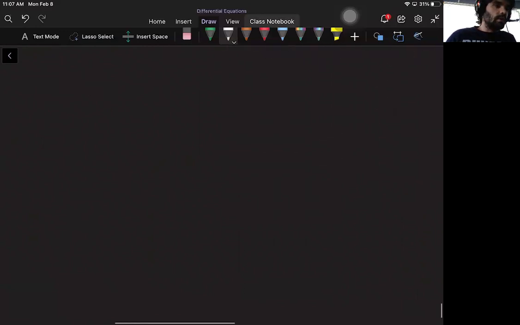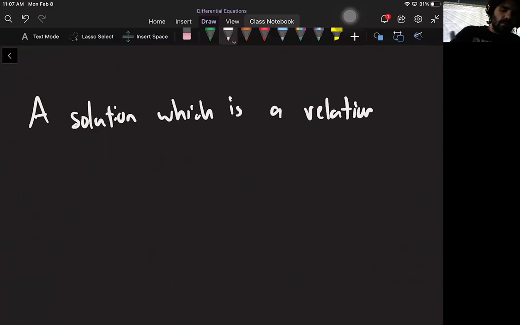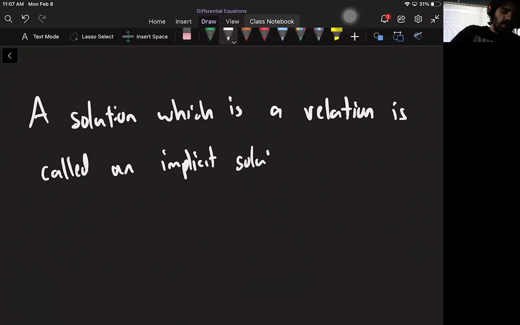Okay, so that was with functions. Now let's go back to relations again. So a solution, which is a relation as opposed to a function, is called an implicit solution. And it goes with the word implicit differentiation, so that's good.